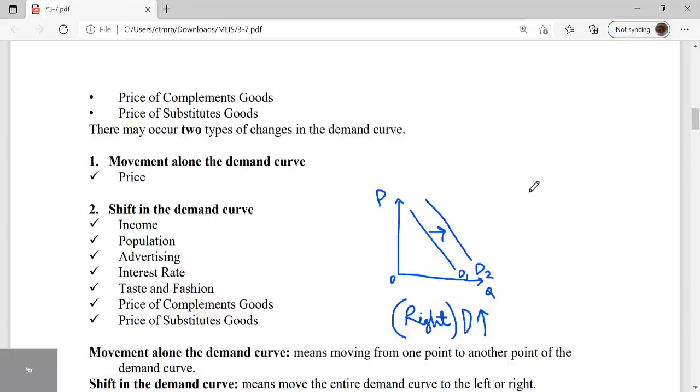And the opposite may happen when there is a shift to the left, which means demand will fall. This labeling is very important. Some people forget to label it, so it's very important.